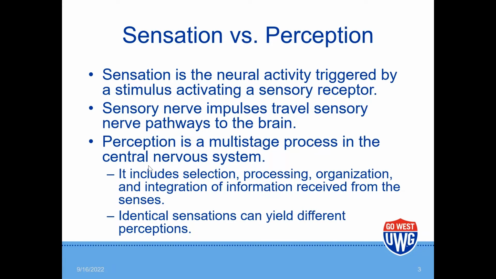However, in a haunted house where the lights are more dim, maybe it's dark, there's other noises going on, and that rope comes across your face hanging from the ceiling, you may interpret that as something much different and think that that is something trying to harm you, and you get this little scare. And so that's the difference between perception and sensation.